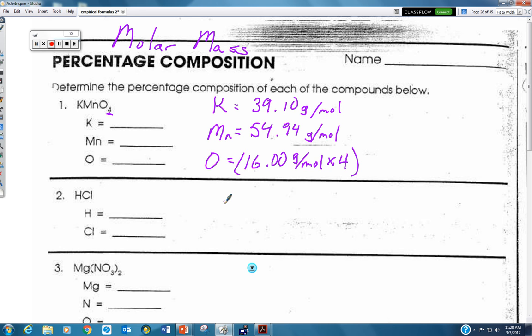Now to find out our molar mass, the molar mass is going to be the sum of all elements involved in the compound. Alright, so now the next thing we need to do is determine what our molar mass of KMnO4, potassium permanganate, is.